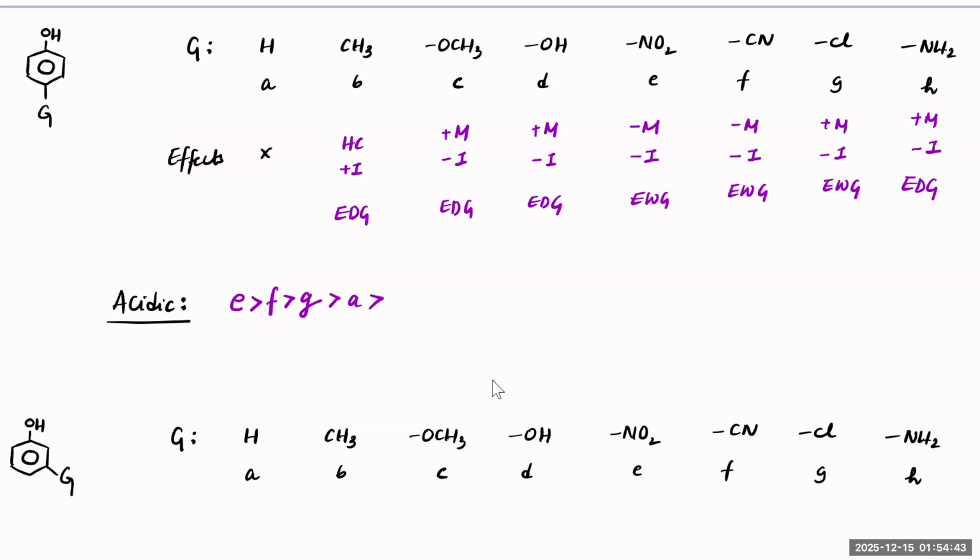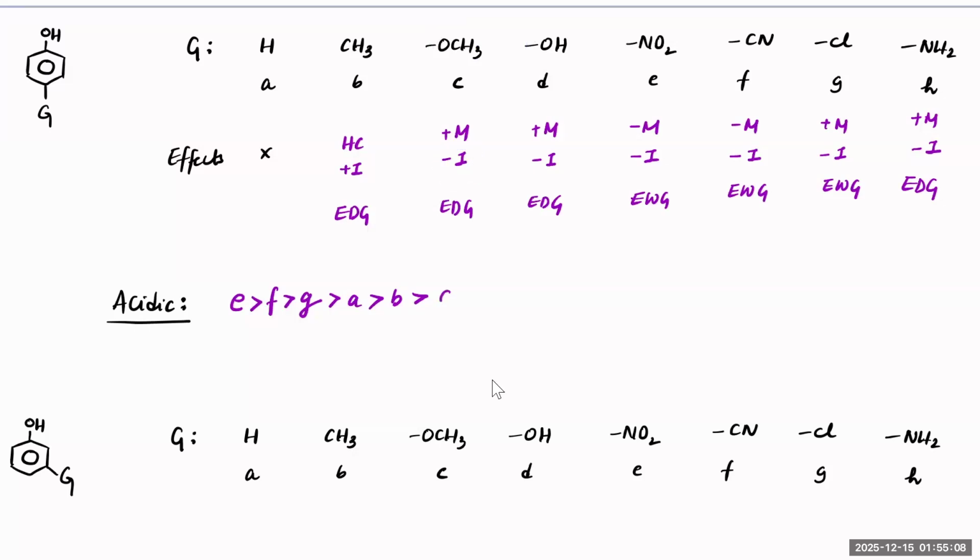And then come the donating groups, starting with the mildly donating one. Out of these donating groups, CH3 is mildly donating, which in our case is B. And between OCH3 and OH, the minus I effect of OCH3 is much more than OH. Therefore, this is more withdrawing.